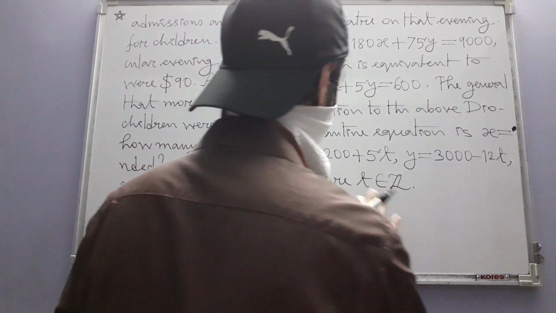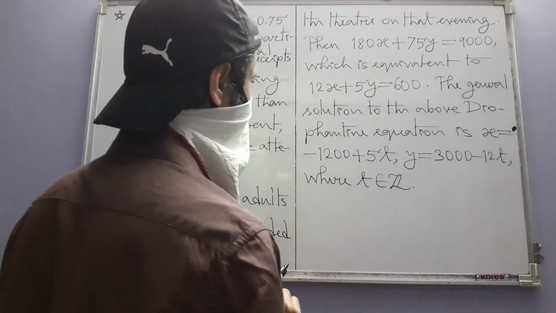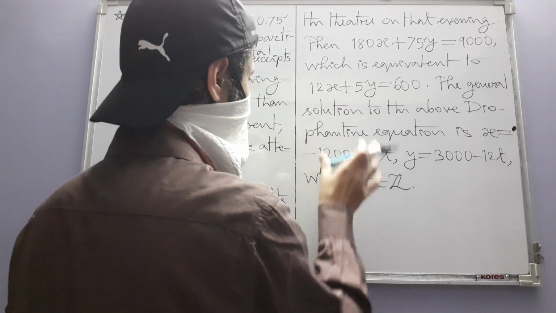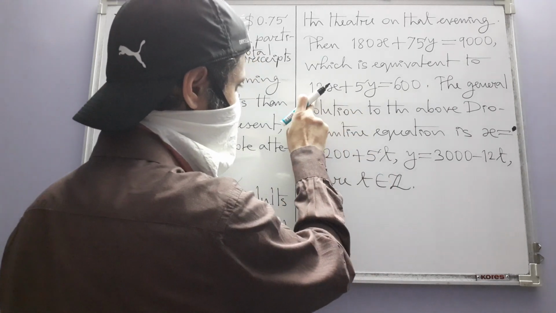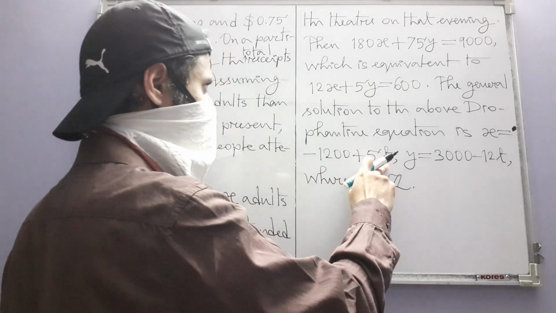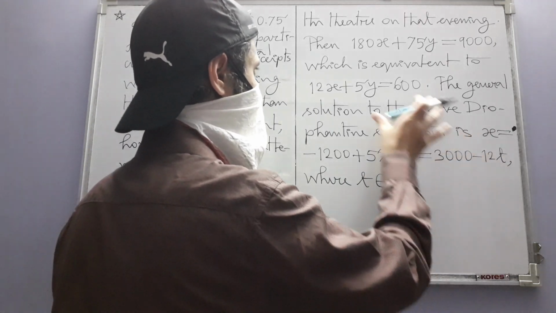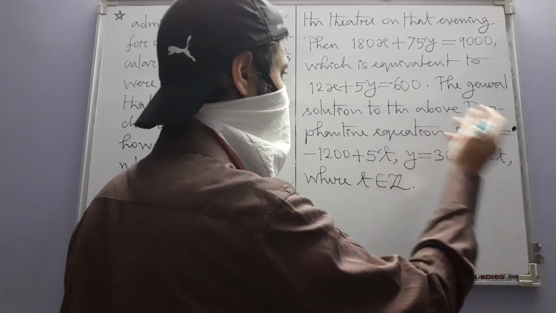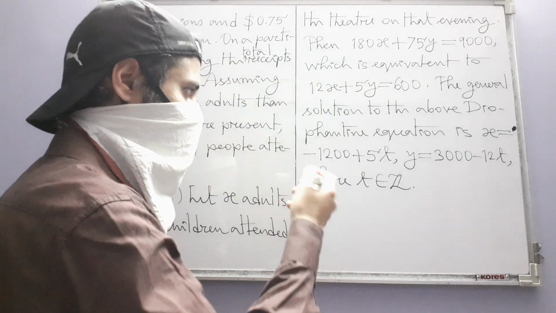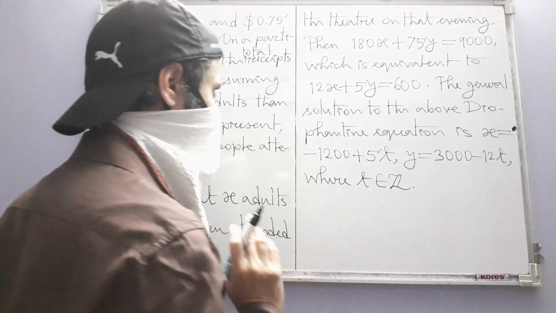Let me just take some time to do that. Think about that. If I put the x value here, then 12 times 5t, and if I put the y value here, then 5 times 12t with a minus sign, they cancel each other, fine.